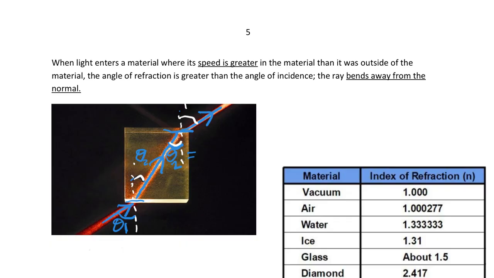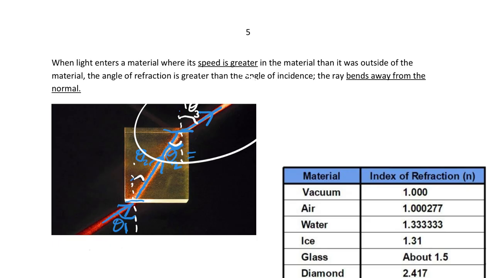So instead of getting all confused with the numbers, let's just call that angle 3 right there. So the angle of incidence for that is theta 2, and the angle of refraction for that piece right here is angle 3.